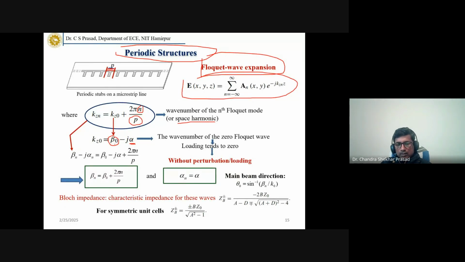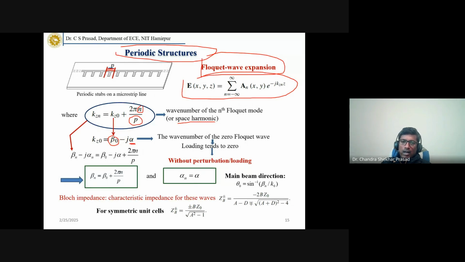The important part to remember is that this beta0 is basically when we don't have any perturbation. So beta0 is basically the phase constant of this unperturbed transmission line, right? So we can calculate this. Now, when we are loading this periodic part, then we can have this nth harmonic.